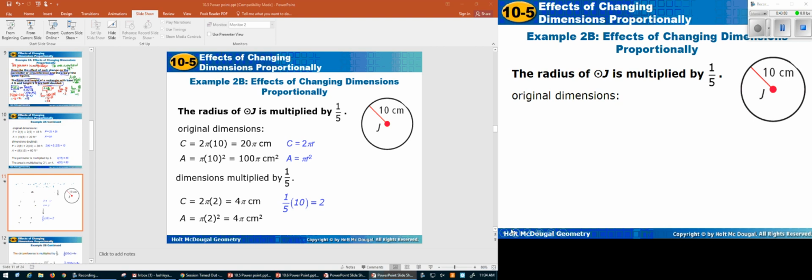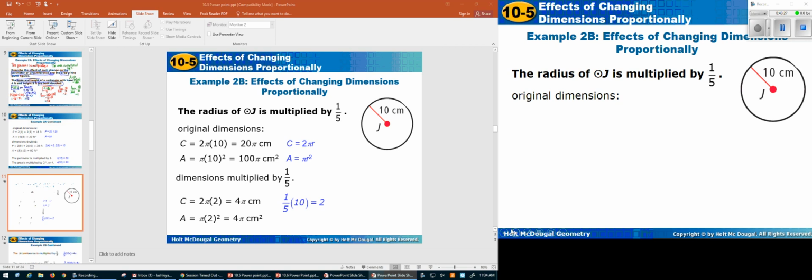Then we looked at the next problem and it changed both dimensions. When we changed both dimensions, what effect did it have on the perimeter? Okay, so it was the same effect on the perimeter. So if we multiplied it by 2, the perimeter was multiplied by 2. But what effect did it have on the area? Okay, be careful because it's not going to just be double whatever it was.